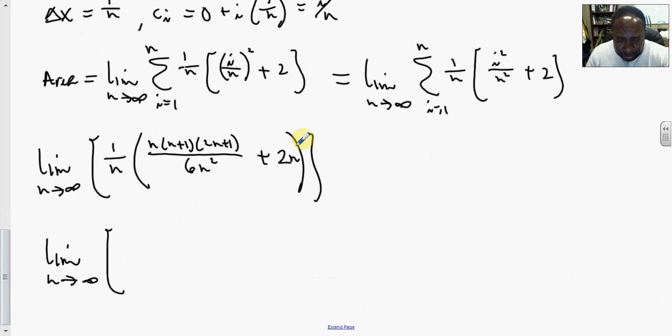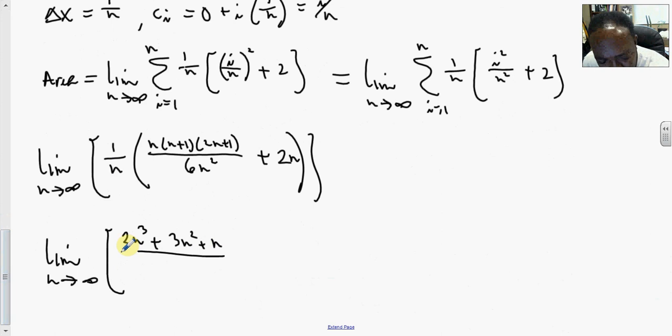That'll mess us up. So up top here, I have 2n to the third, 3n squared, and then n, and that's over 6n to the third, with n downstairs.